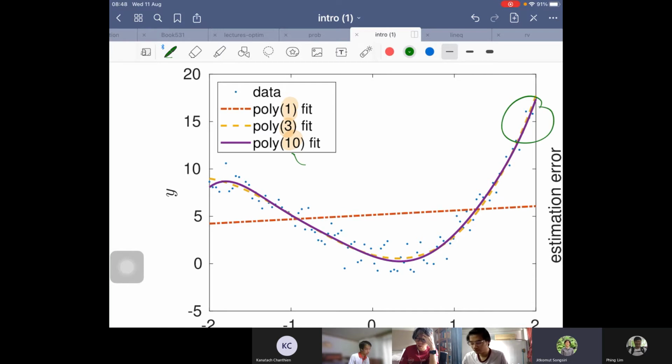If you look at this graph, the dashed line and the purple line, these are from the third, the cubic, and the 10th order. It looks like, oh, it fits the data point very well, as compared to the first order. The first order is a straight line. It doesn't have sufficient flexibility to explain the data set.